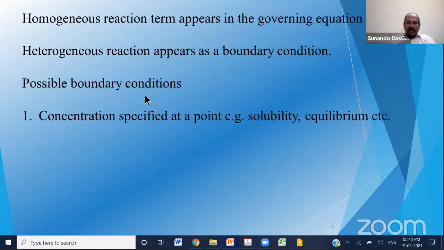The possible boundary conditions are like the way we have in heat transfer: instead of temperature, the concentration can be specified at a given point. It could be governed by the solubility or the equilibrium between a species in the vapor state as well as in the liquid state. So the concentration could be specified.